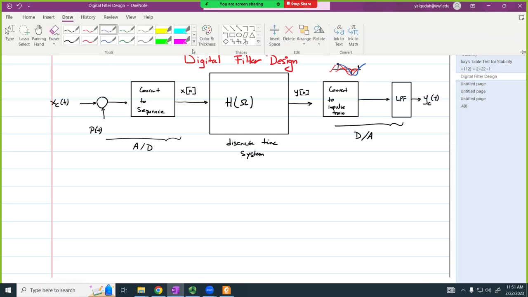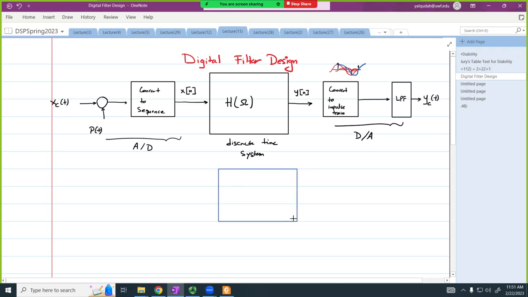So overall, what we're trying to do is that if I look at this system, I have a continuous time signal xc of t, and I have an output yc of t. So I could have done the same thing.